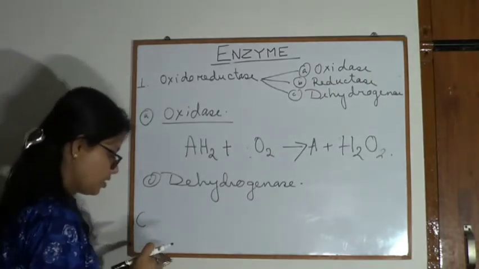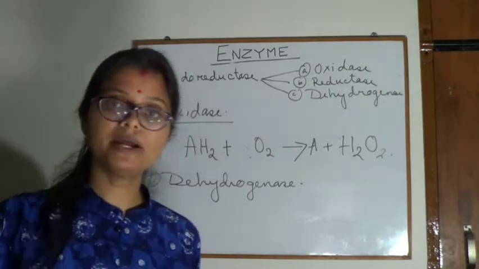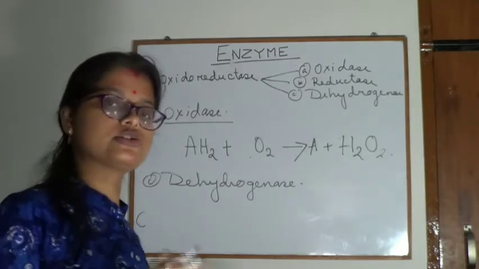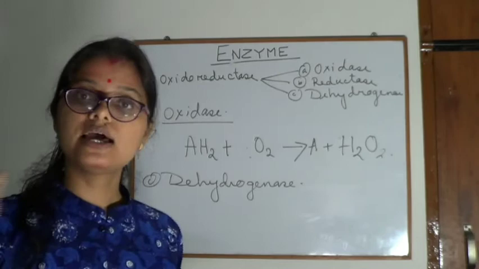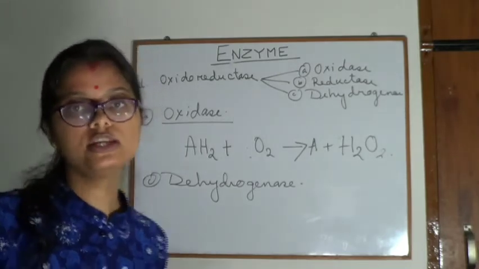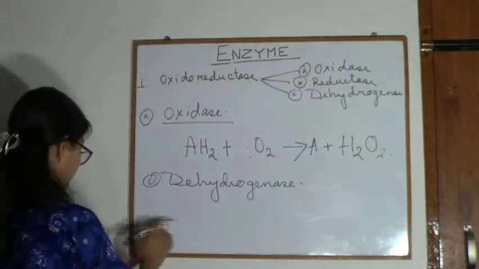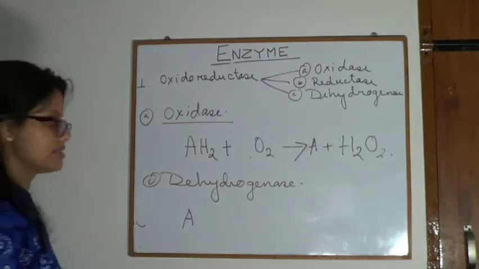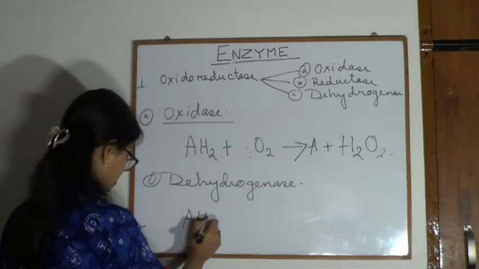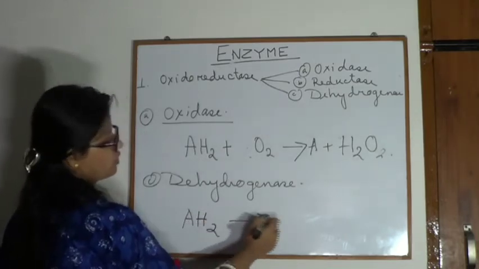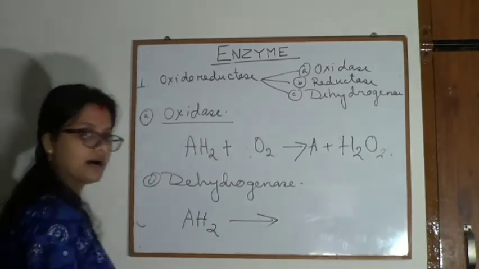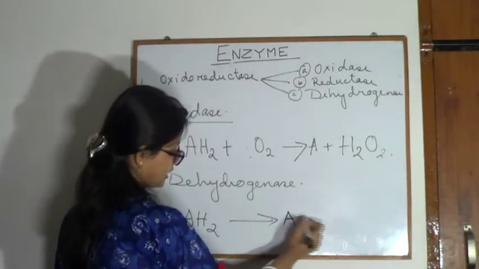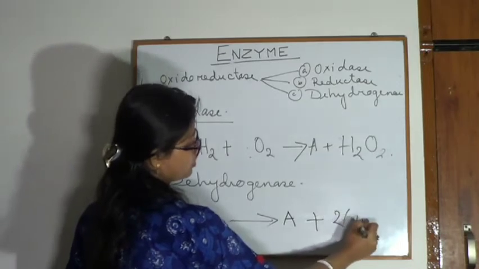Dehydrogenase helps in oxidation by removal of the hydrogen molecule. Again take A as a substrate: AH2, it removes the hydrogen molecule and gives A plus hydrogen molecule.